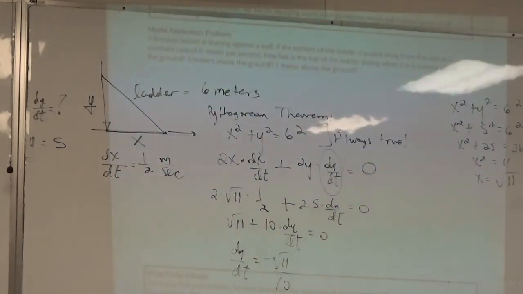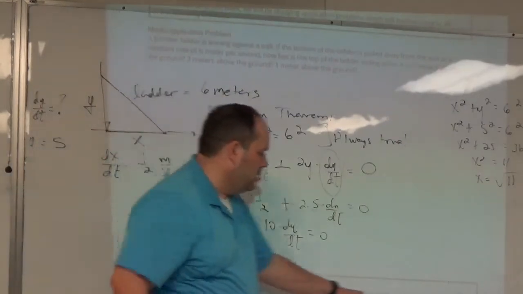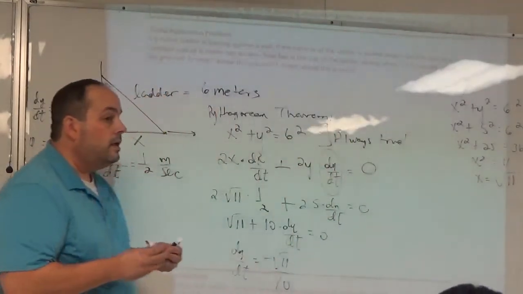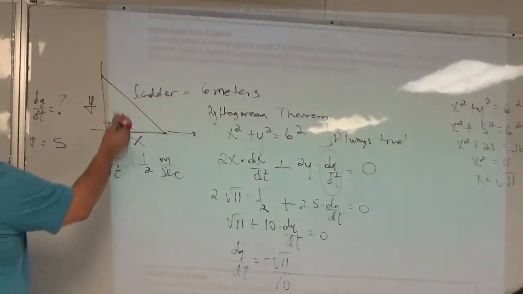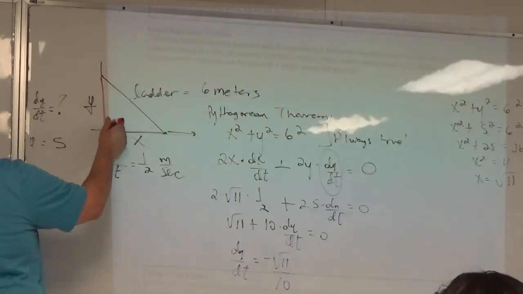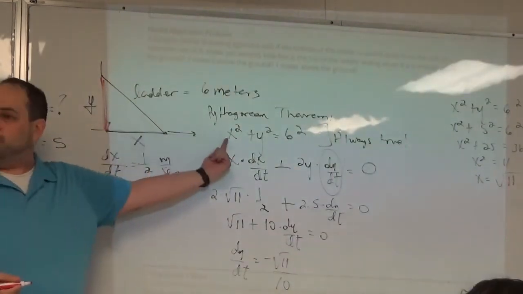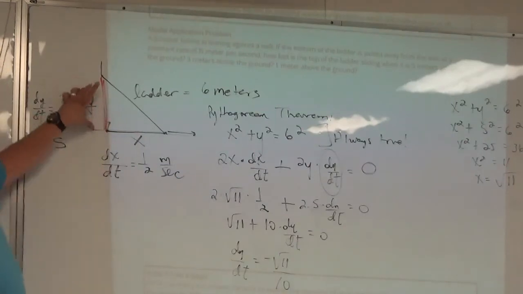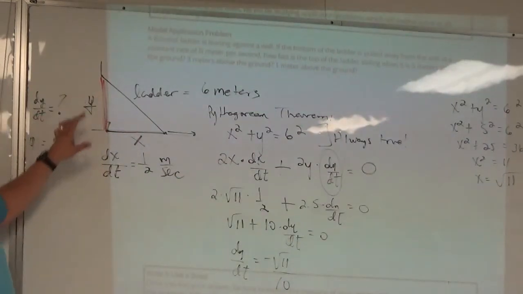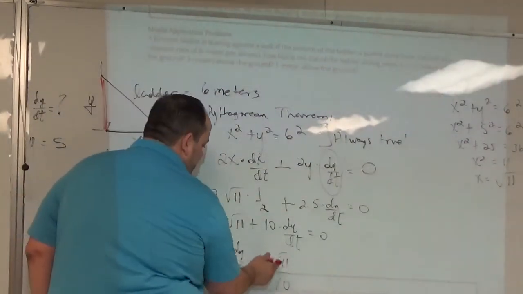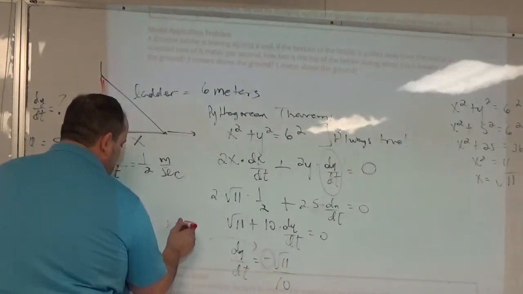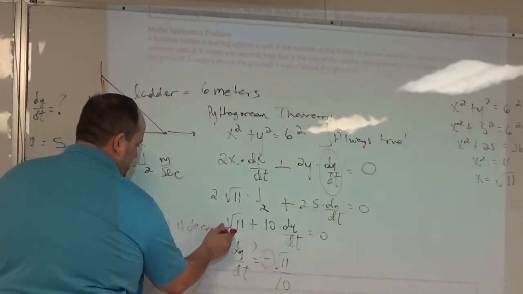Andy, why is dy/dt going to be negative? Love it. What's happening to the height? What's happening to this side as the ladder slides away? It decreases, right? That height decreases. So you have to have a negative here because y is decreasing.